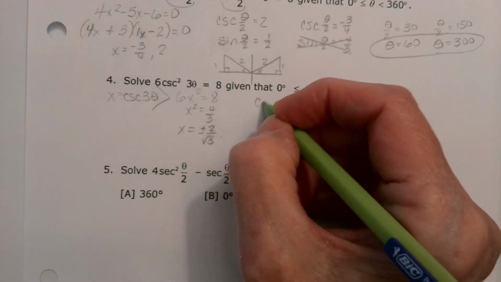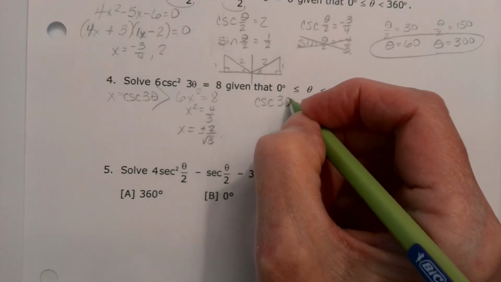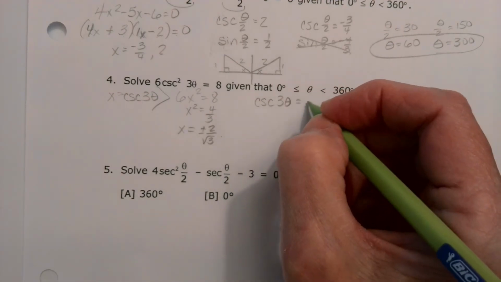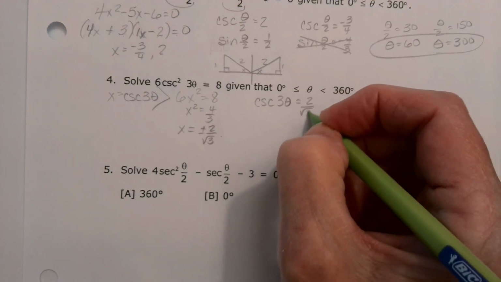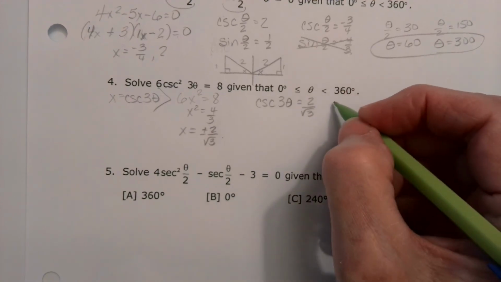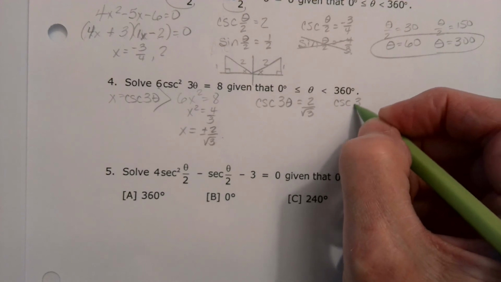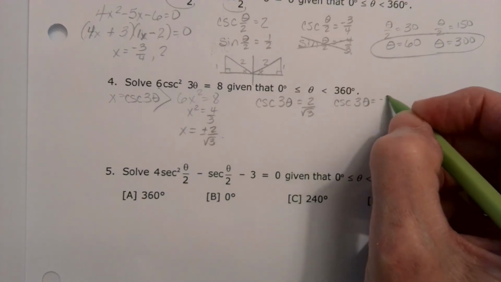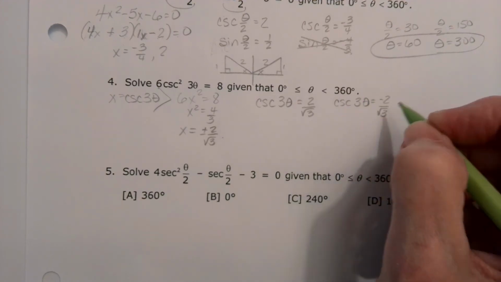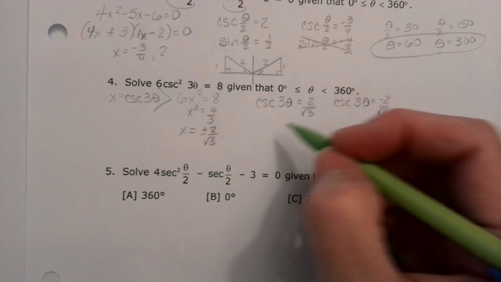So that means the cosecant of 3 theta is equal to either 2 over the square root of 3, or the cosecant of 3 theta equals negative 2 over the square root of 3. The cosecant is 1 over sine.